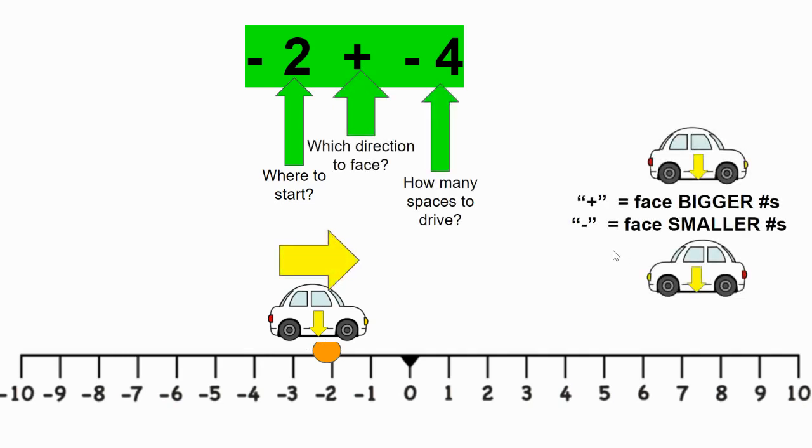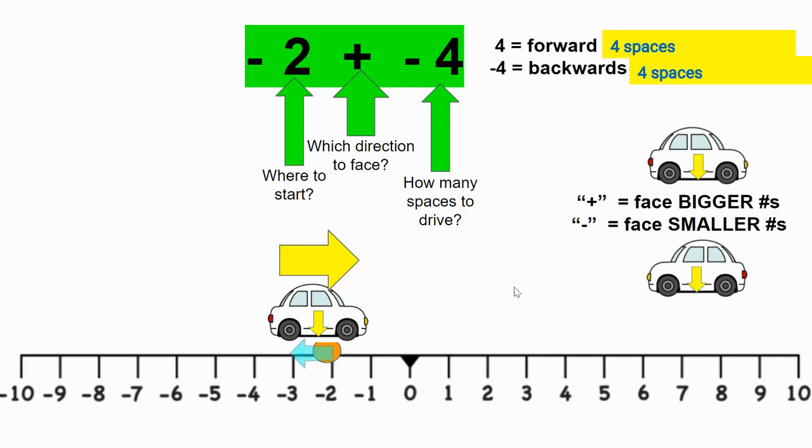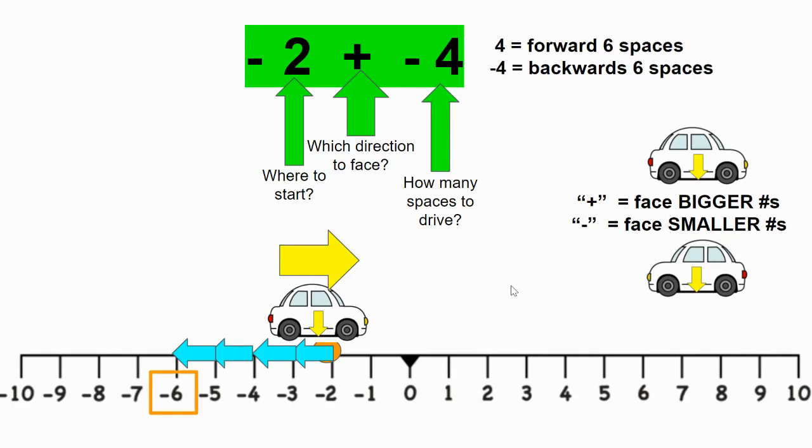And then the second number tells us how many spaces to drive. So it's a negative 4, so we're going to drive in reverse 4 spaces. If it was a positive 4, we would go forward 4 spaces. Sorry, I didn't edit those numbers. So yes, negative 2 plus negative 4 is negative 6.